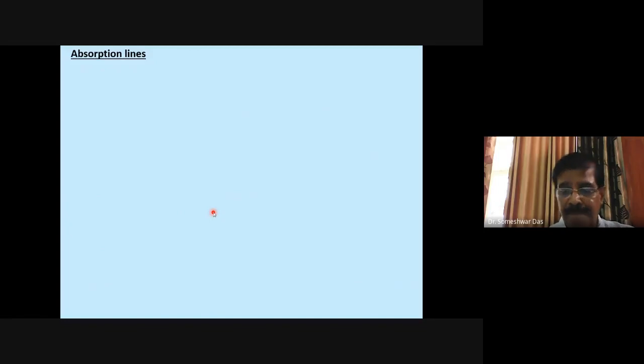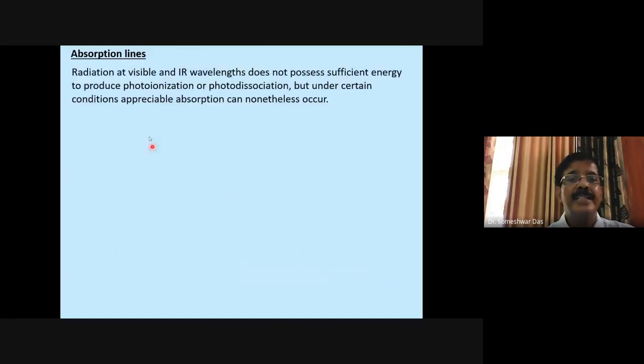So, absorption line. The radiation at visible and infrared wavelengths does not possess sufficient energy to produce photoionization or photodissociation. But under certain conditions, appreciable absorptions can nonetheless occur.